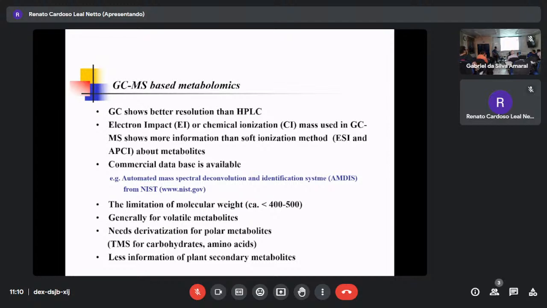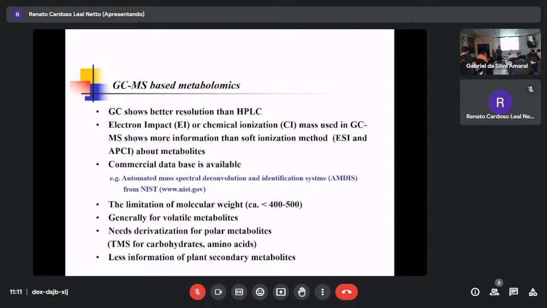Generally it is for volatile metabolites, because inherently GC can only analyze gas-phase samples, so the compound should be a gas. That's why this was developed in oil companies, for fuel.